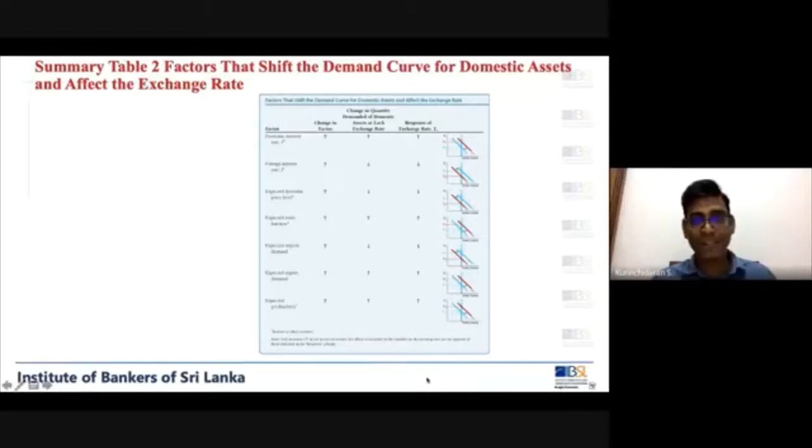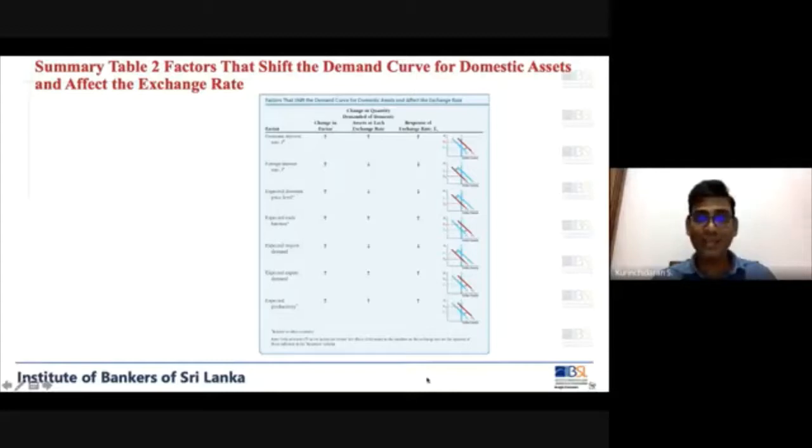When the real return of these domestic assets is reduced, what will happen? People will be less attracted towards them because the real return is less. So when the expected domestic price level is going up compared with other countries, you are going to have less demand for the domestic assets.